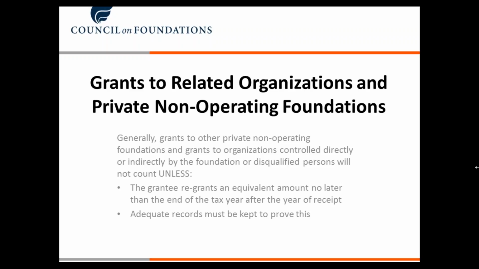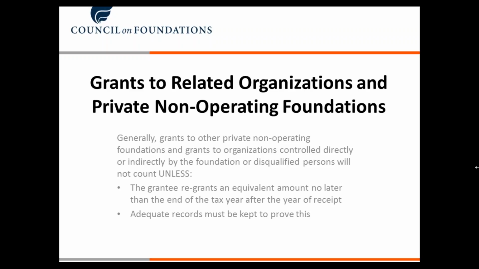So they've provided this rule that recognizes that there may be circumstances where you would want to grant to another private foundation, and if that private foundation then quickly spends that amount out in a grant, say for instance a grant to a public charity, within the time period provided, before the end of the year after the year they receive it, then the IRS is going to be okay with that, and they're going to say, okay, you can count that toward your distribution amount because we know it's getting out there and it's not just being held in an endowment. But that's an important rule for private foundation to private foundation granting.